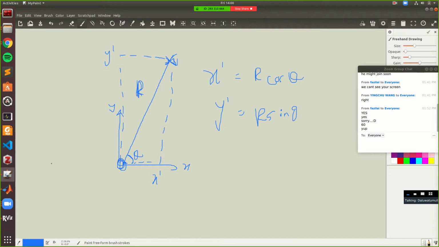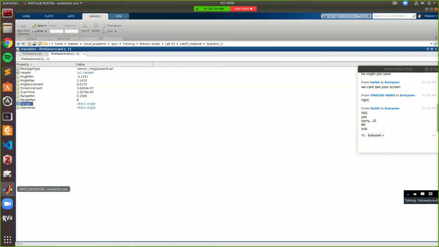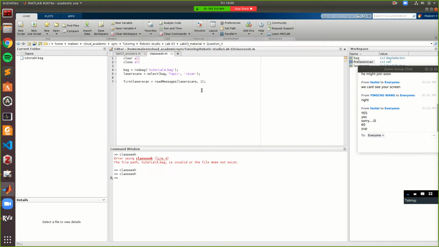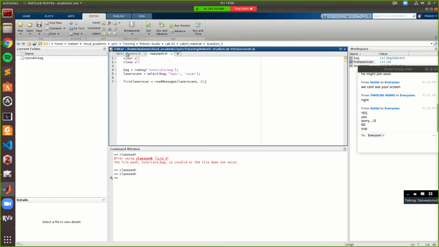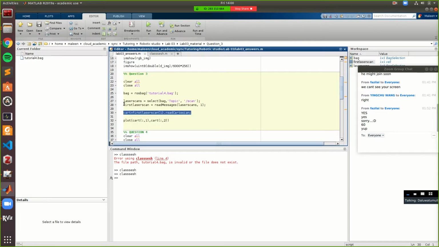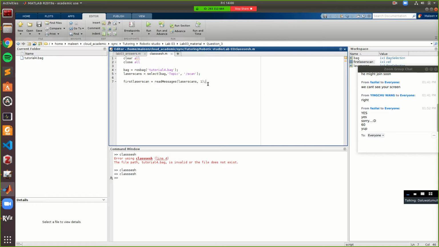So what you do now is, if you want to actually visualize this data that you're getting from the ROSBAG, you need to convert it into Cartesian coordinates. So that's also pretty easy because there's a function that will allow you to do that very easily. So you take that first laser scan, look at the first cell in it, which is where the data is, right?